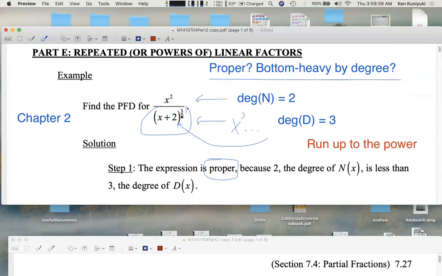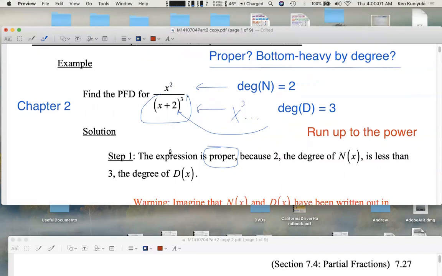Here, you're going to run up to this cube. Now, of course, since you've done the homework, 7.4 number 1, I'll give you 10 seconds to write down the form. You got it?